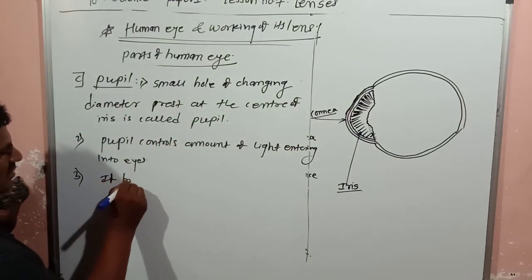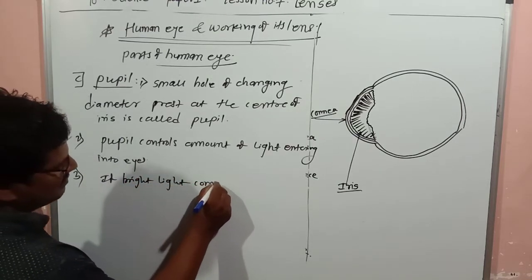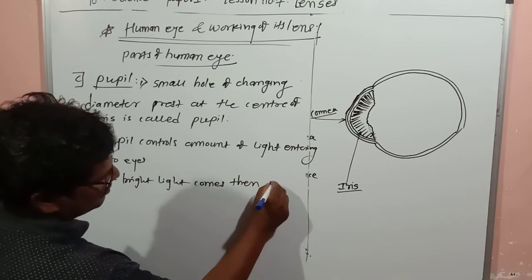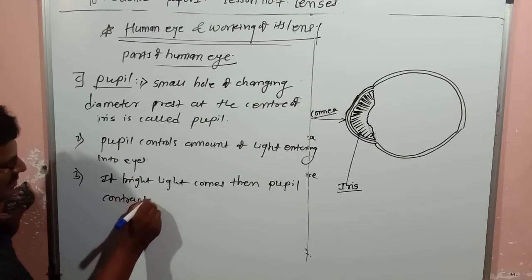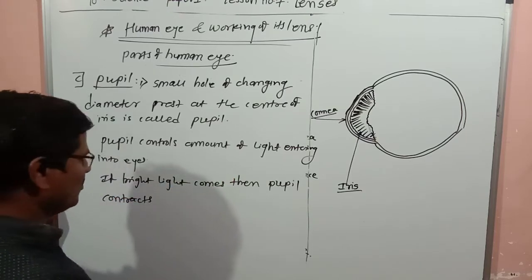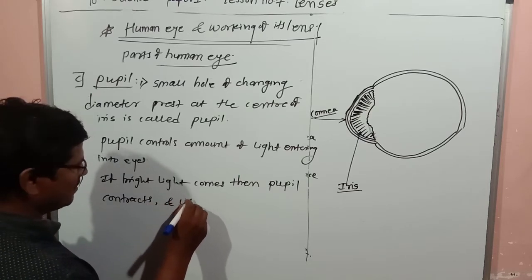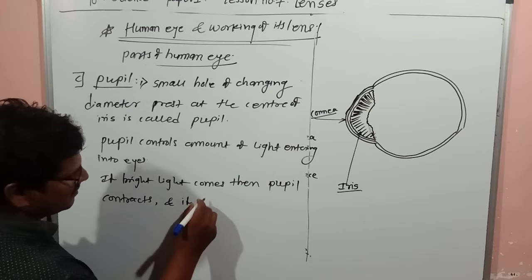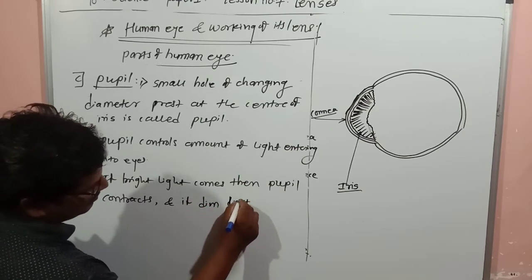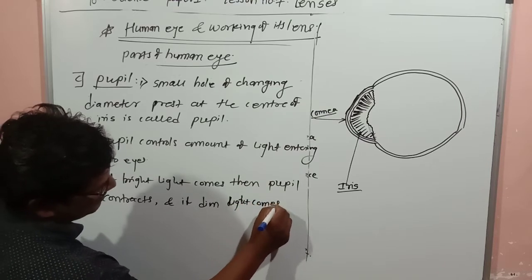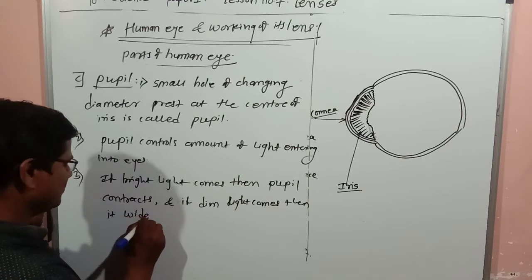If bright light comes, then pupil contracts and it controls the amount of light entering into it. And if dim light comes, then it widens.